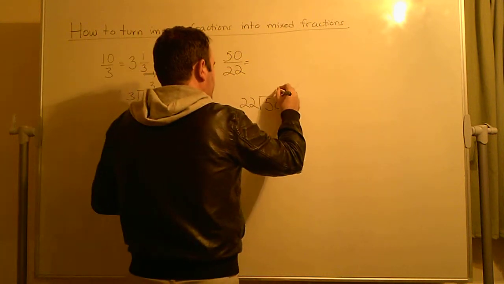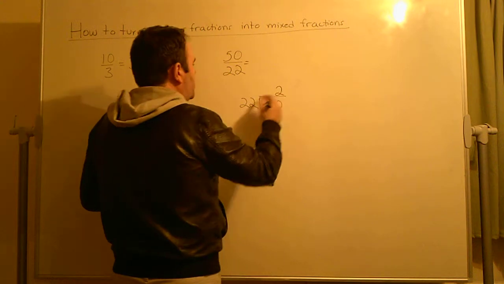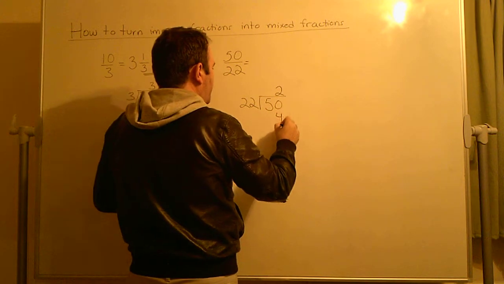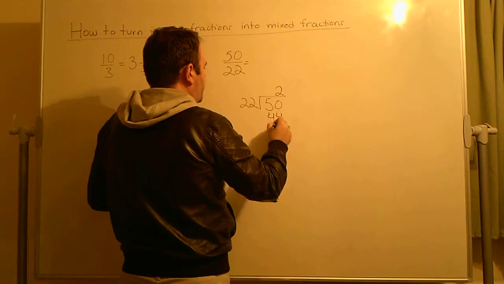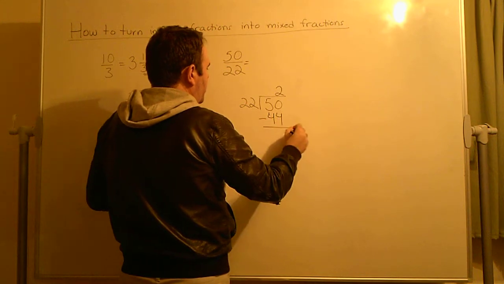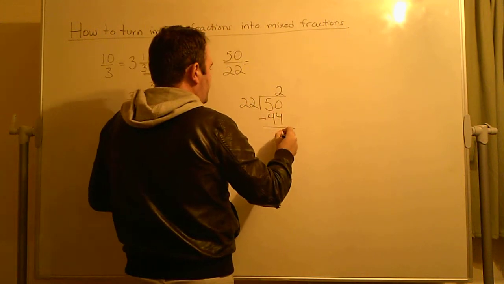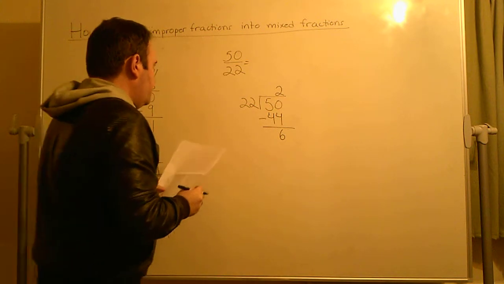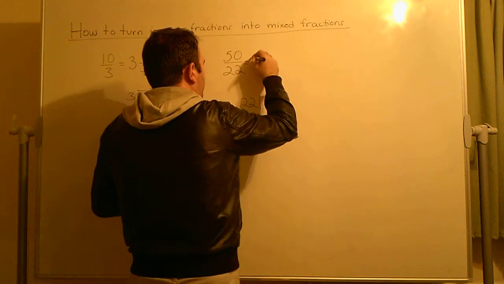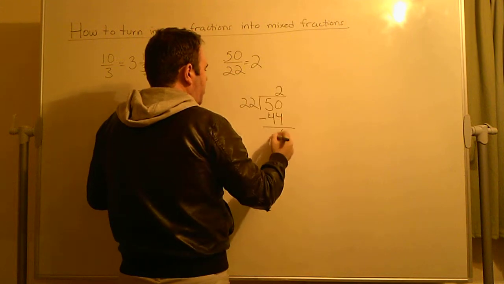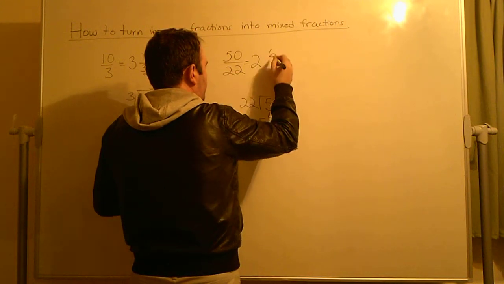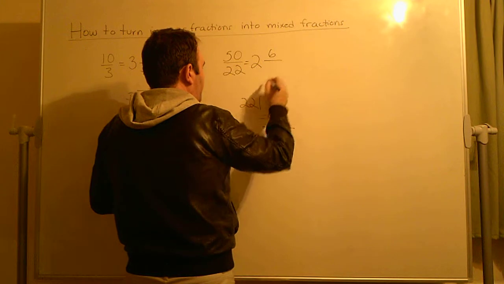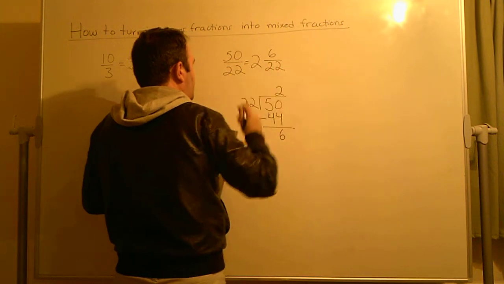So we write down 2 here. 2 times 2, 4, and 2 times 2, 4. So we write down a minus here, and then 50 minus 44 is 6. So we take the 2 here and we write it down here. Then we take the remainder, that is 6. We write it down here, and then divided by 22.